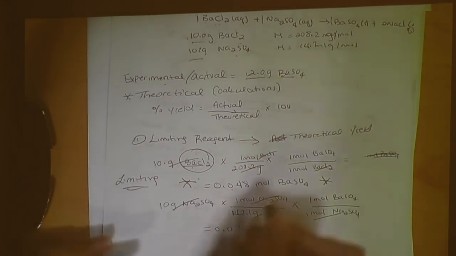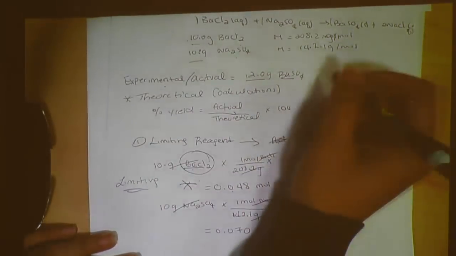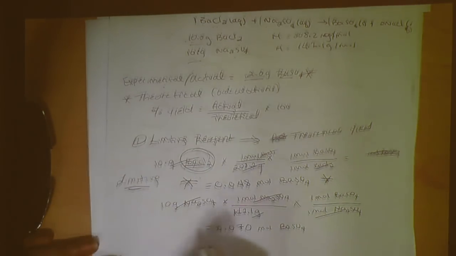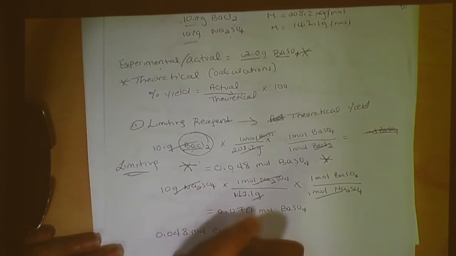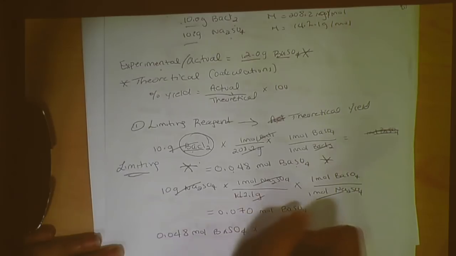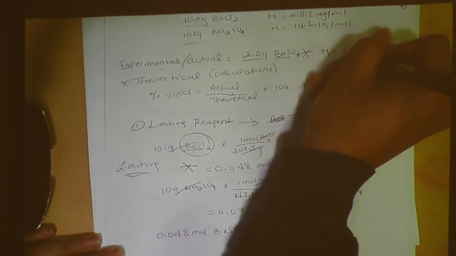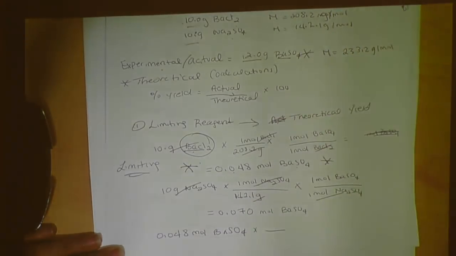So I have to convert that to grams in order to compare it with my experimental or actual value to figure out what the percent yield is going to be. So I'm going to use the 0.048 moles BaSO4, and they give me the molar mass of BaSO4, which is 233.2 grams per mole.